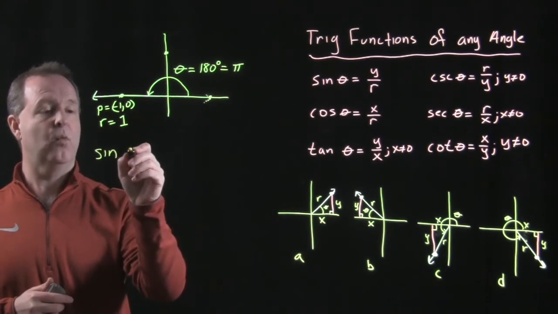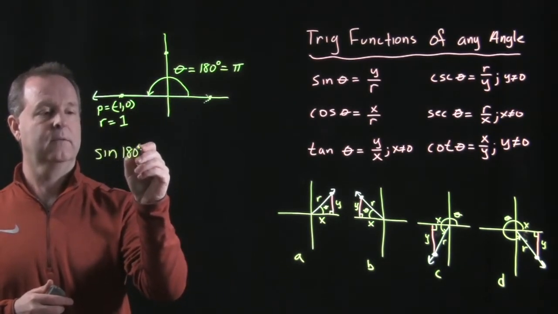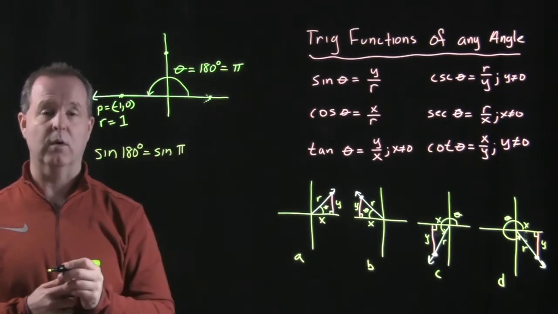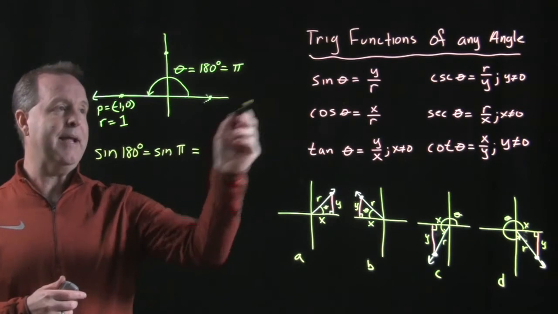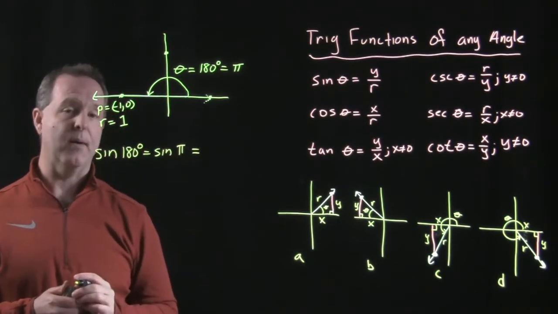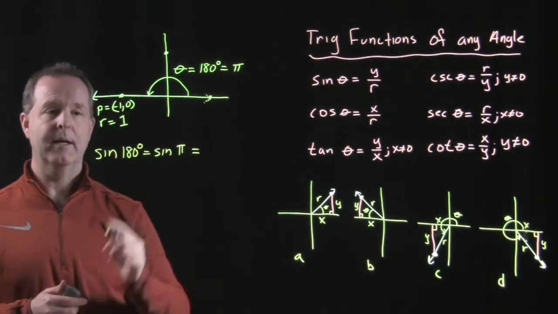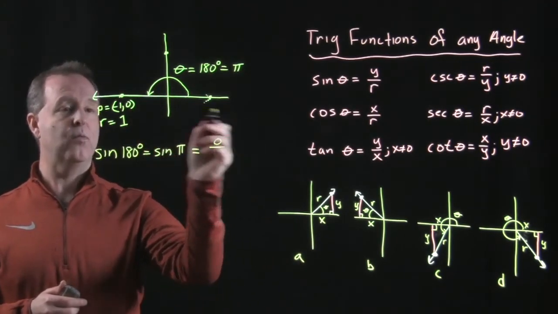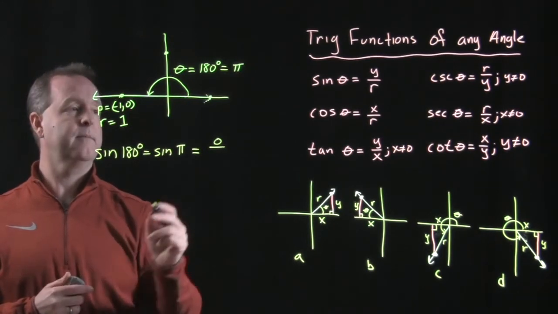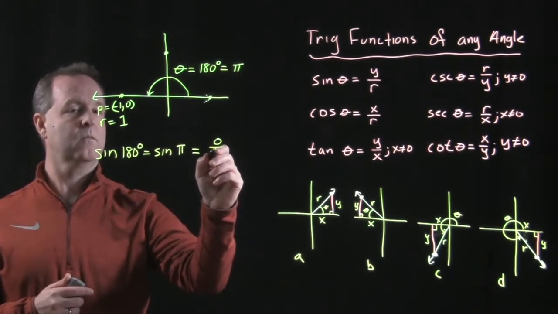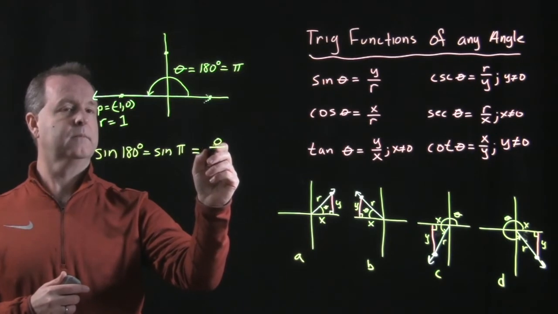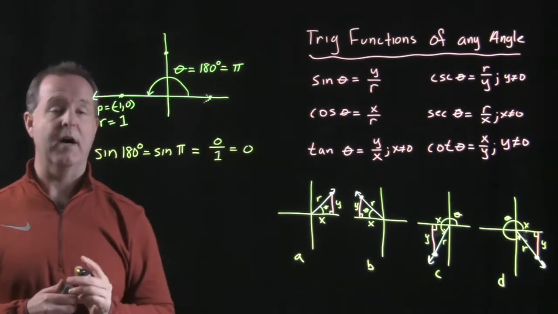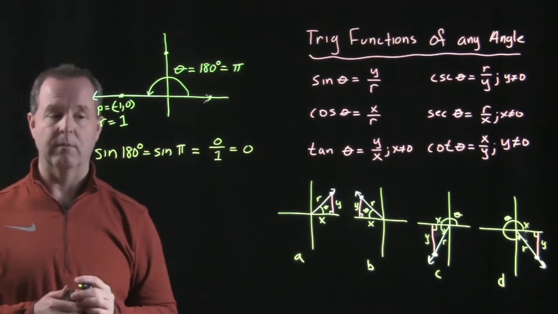So the sine of 180 degrees equals the sine of pi in radian world. And based on our identities, that's my y value over my radius. My y value is how far up or down it goes, is a 0. My radius is a 1. And so the sine of 180 degrees is 0.